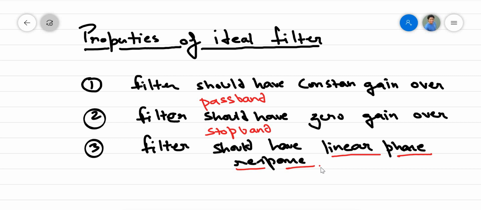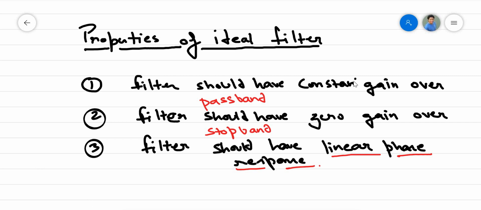First case is the ideal filter should have a constant gain over a passband. This property we have already seen when we designed the frequency domain characteristics of the ideal filter, and we have seen that over a passband it should allow all frequencies to be passed, and without scaling the constant gain should ideally be equal to 1, right?